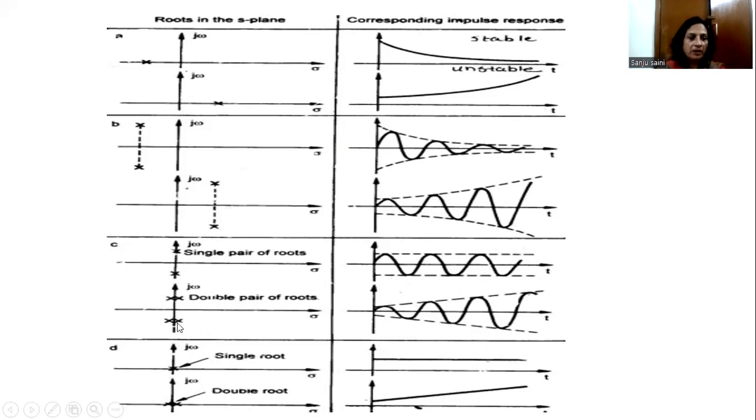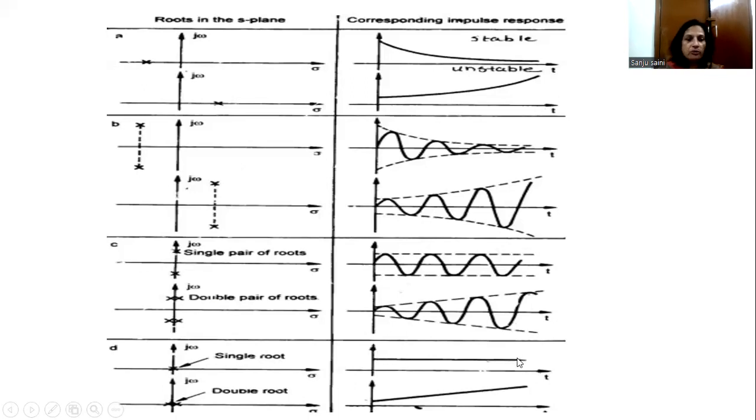If we have a double pair of roots on the j omega axis, meaning repeated roots on the j omega axis, then the response is oscillatory and the amplitude of the oscillation increases with time, which means the system becomes unstable. Then for a single root on the origin, it corresponds to a fixed response.